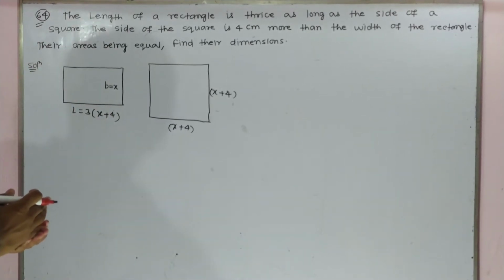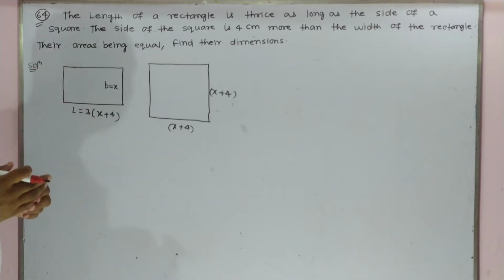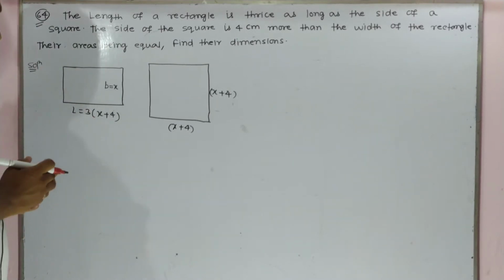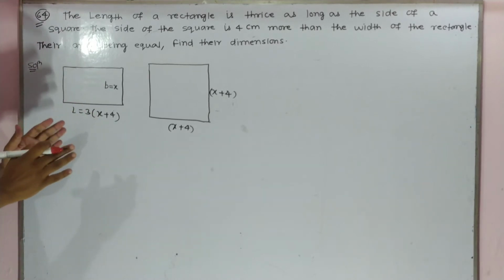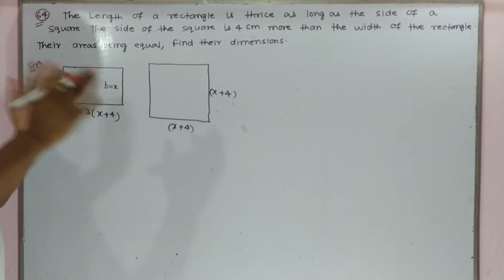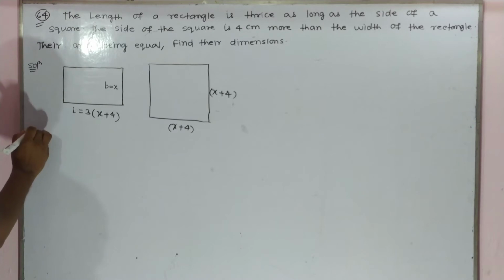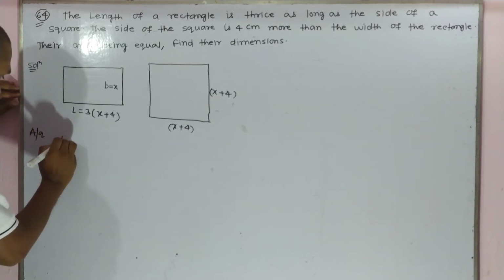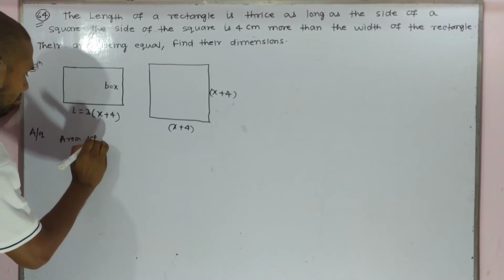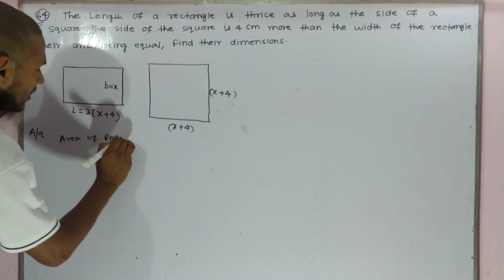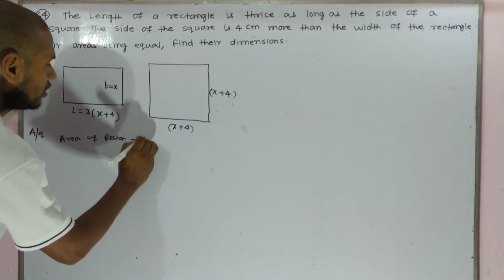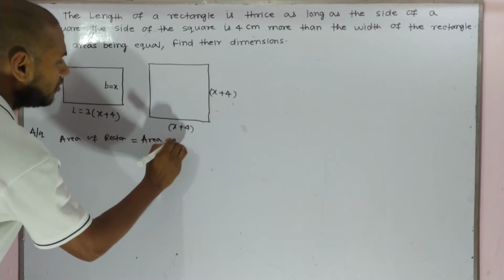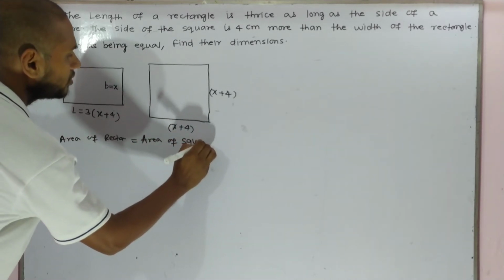Again in the question, the areas are equal, find their dimensions. The area of the rectangle is equal to the area of the square. You can write, according to the question, area of a rectangle equal to area of a square.